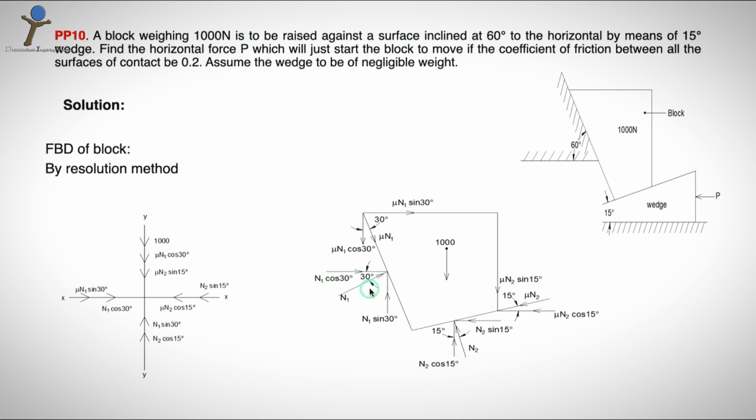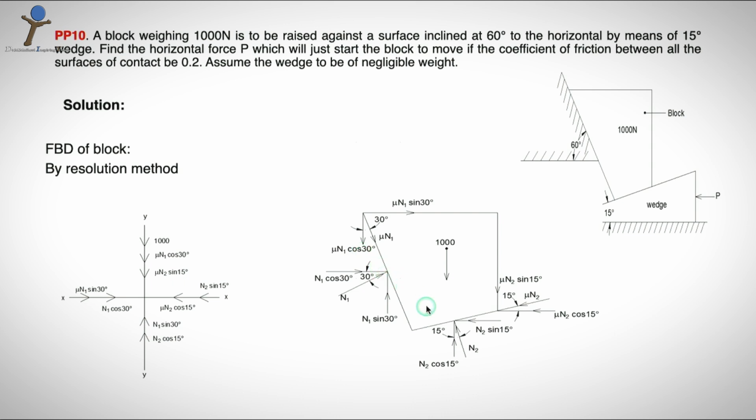Then you resolve this component. This becomes N1 cos 30 and this one becomes N1 sin 30. Then mu N1, which is again at an angle of 30 degrees to the horizontal, is resolved to mu N1 sin 30 and mu N1 cos 30.